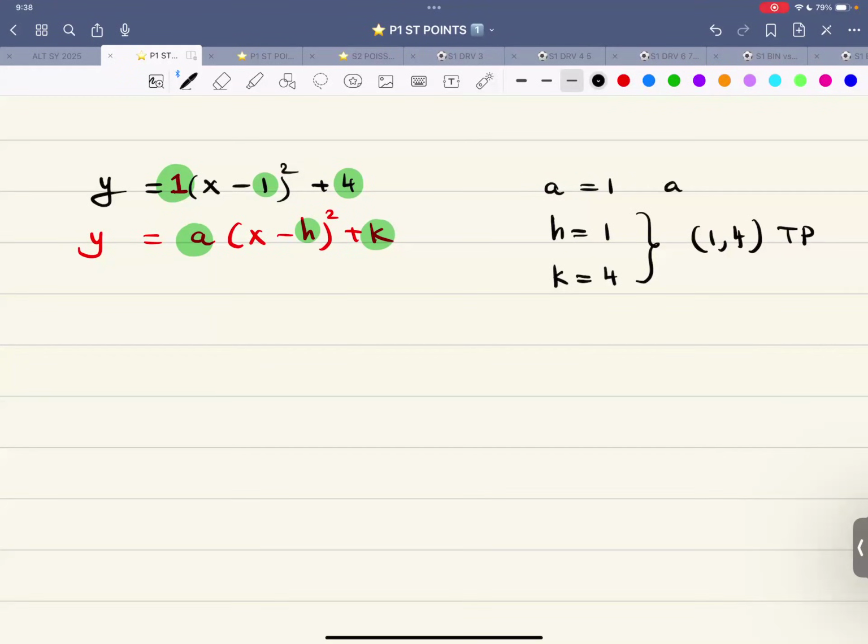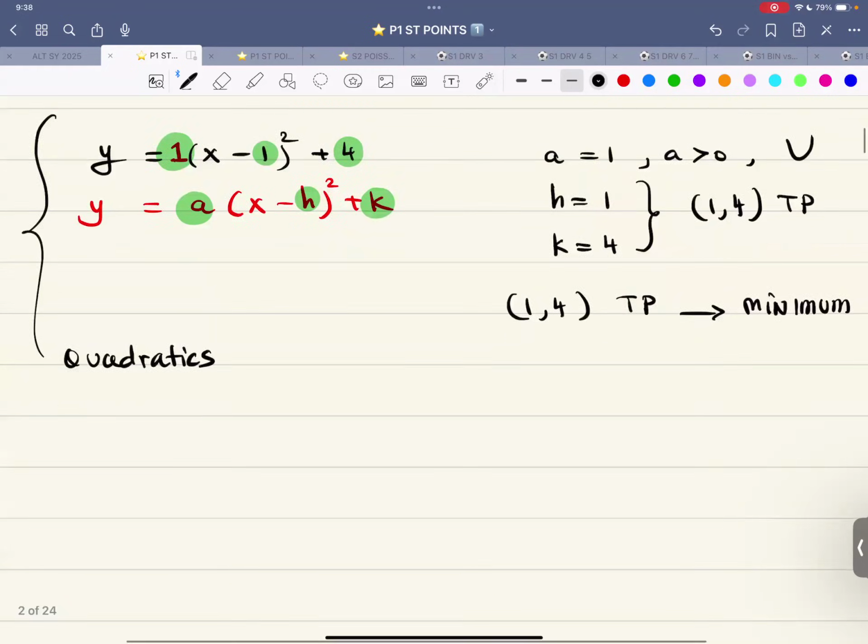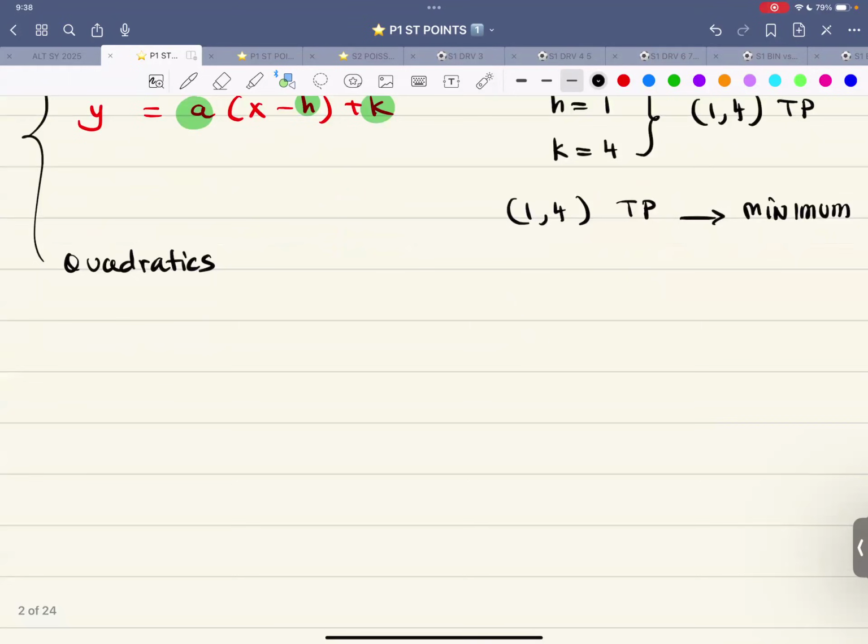And since a is positive, the shape of the graph is like this. In other words, (1, 4) is the coordinate of the turning point. This turning point is a minimum. This is the knowledge that we have gained from quadratics, and I think everyone is aware of this.